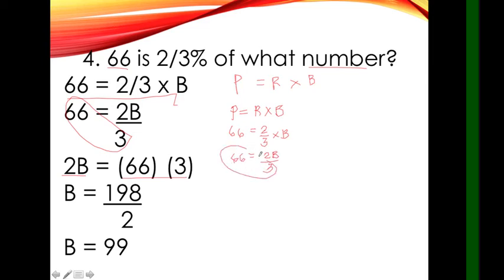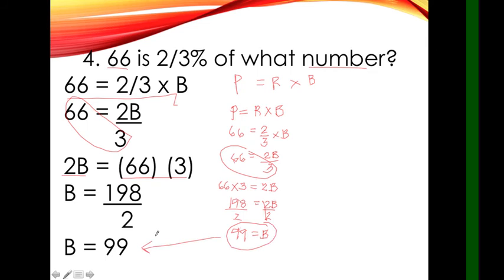Cross multiply these two, and you will have 66 times 3 equals 2b. And the answer is 198. Then we have 2b, divide both sides by 2, cancel. 198 divided by 2 is 99 equals b. That's why our answer here is 99.